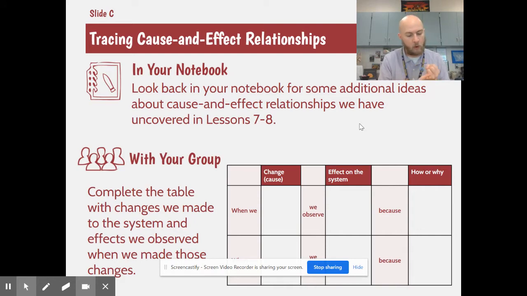So think about what are some changes we made to the system in lesson 7 when we were working with the cart, the bumper, and the two magnet system. And what were some of the changes that we made to our system of the speaker in lesson 8? So now that you've had a chance to think of those ideas and go back to the notes we've taken, we're going to go ahead and fill in some of those relationships.